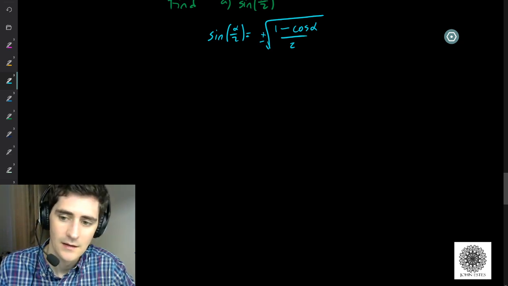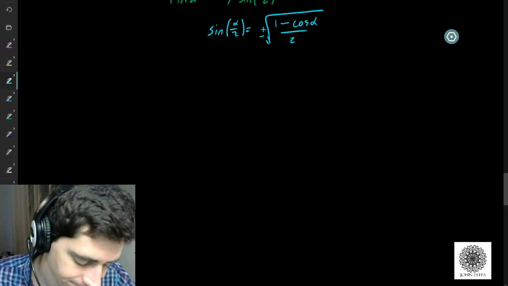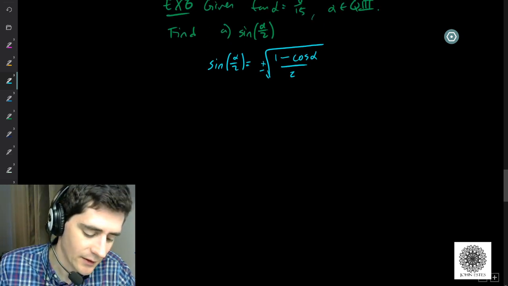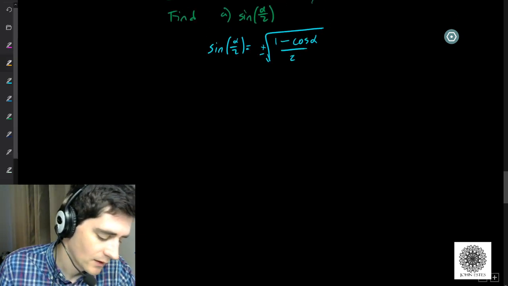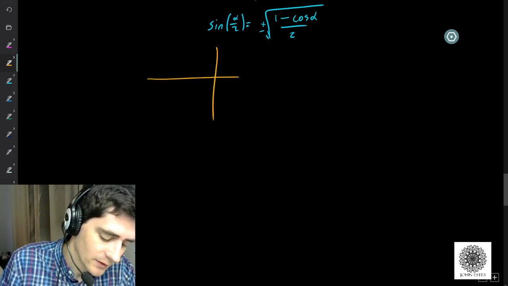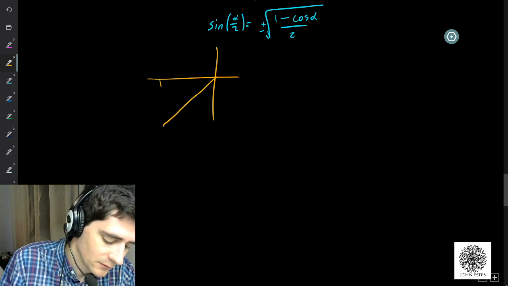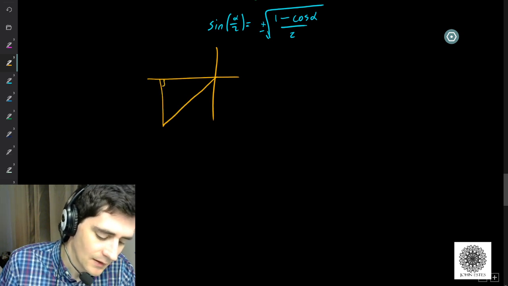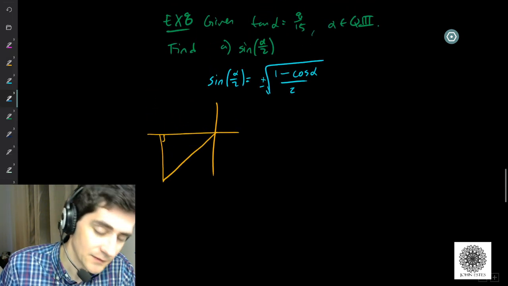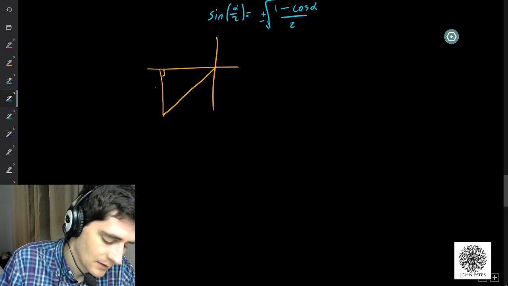Okay. Now, how could I figure out cosine alpha given tangent alpha? I could use identities, or I could remember, okay, I'm in the third quadrant, so I have a triangle kind of like this, and tangent is 8/15, so that means opposite over adjacent is 8 over 15.